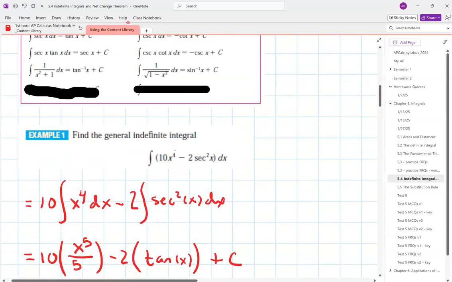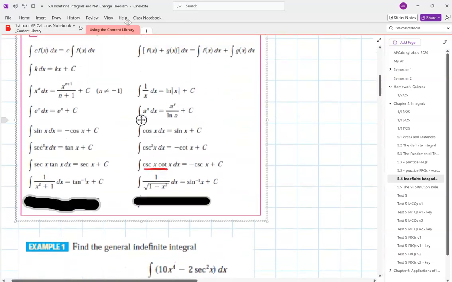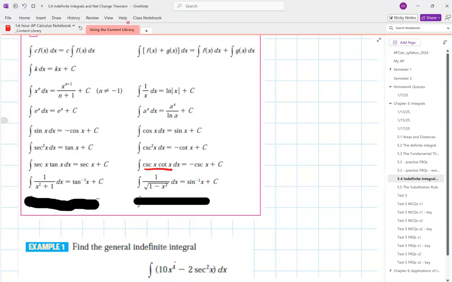If I go back and look, cosecant times cotangent, negative cosecant x, right?